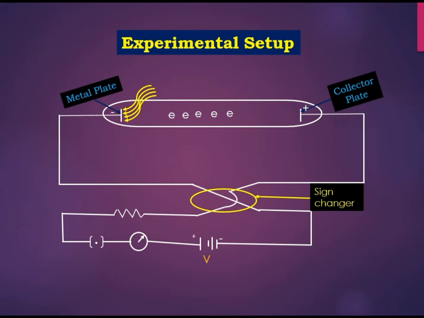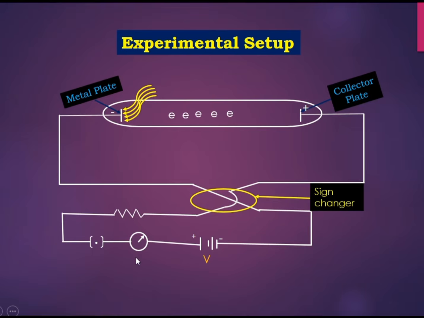Simply, here briefly we can say that this sign changer is used to change, for example, if we want to connect this metal plate to the positive terminal and the collector plate to the negative terminal. This is used just to interchange the terminals of the battery between the plate and the collector. So this sign changer we are going to discuss during the discussion of the stopping potential.